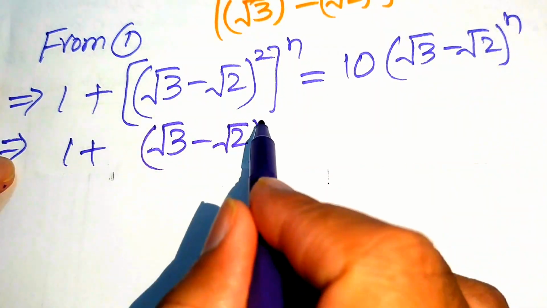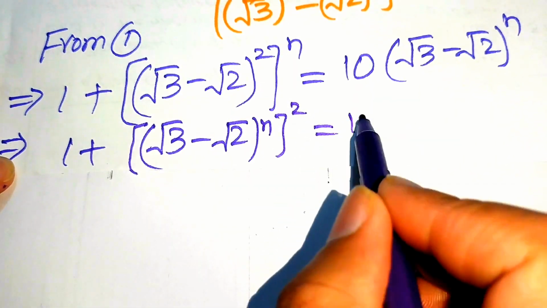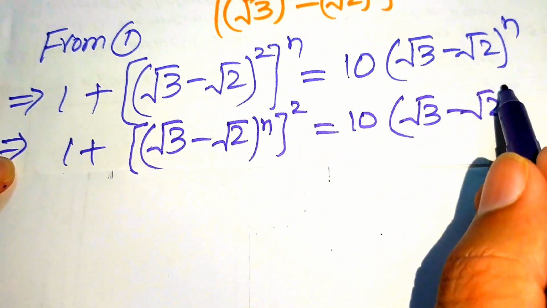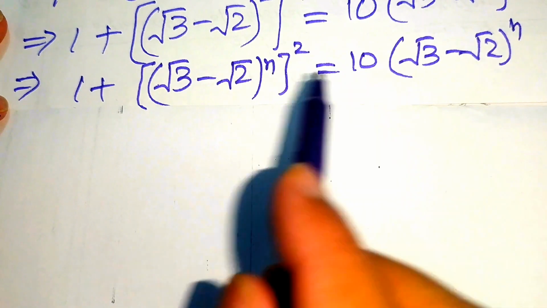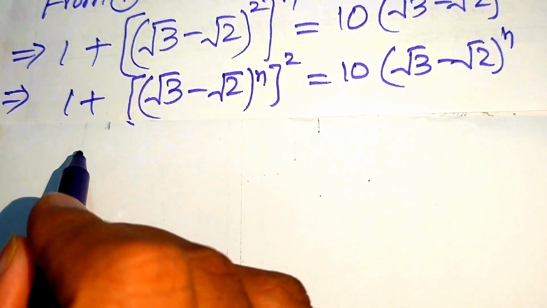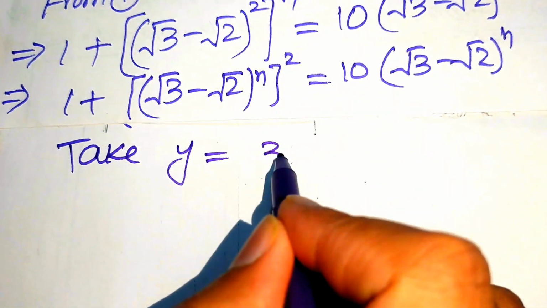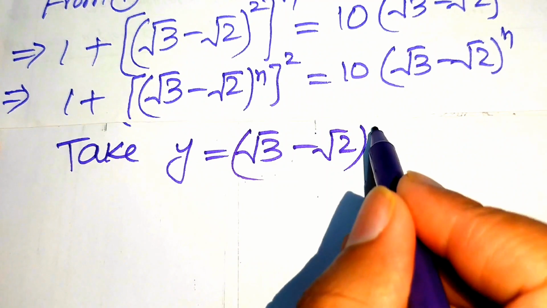You see that the base on both of the sides is the same, so we will just take y equals (√3 − √2)^n.